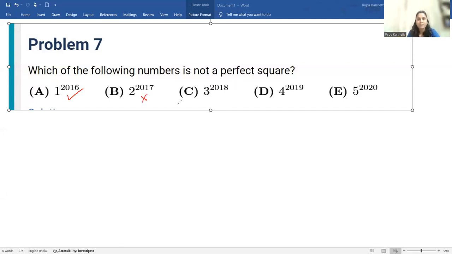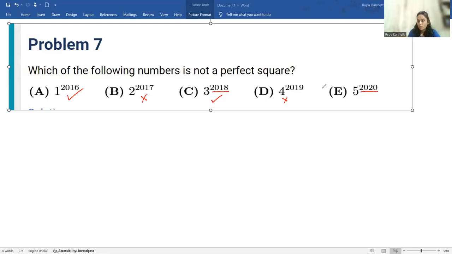Coming back here, option C is 2018, so this is a perfect square, which is even. Here there is no even exponent, so we mark it with a cross. Now E should be a perfect square again, because the exponent is an even number.